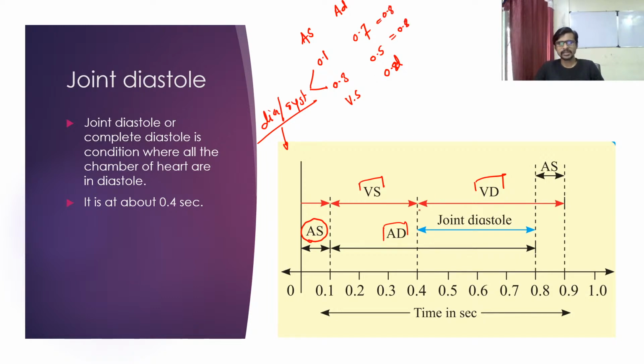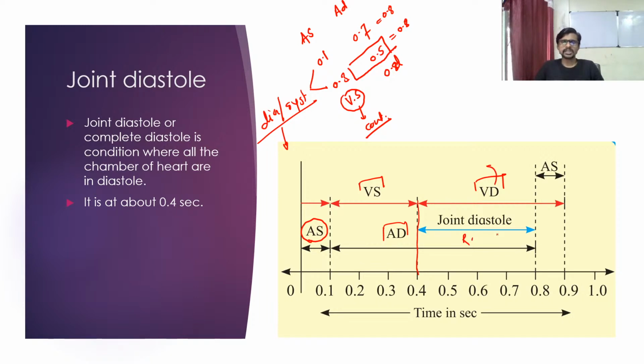But now let's see from 0.4. Why 0.4? Because the ventricle is in systolic, that means a contracted form, for 0.3 second, but from 0.4 to 0.8, the total 0.5 second, it is in the form of relaxation, which we call dilation.